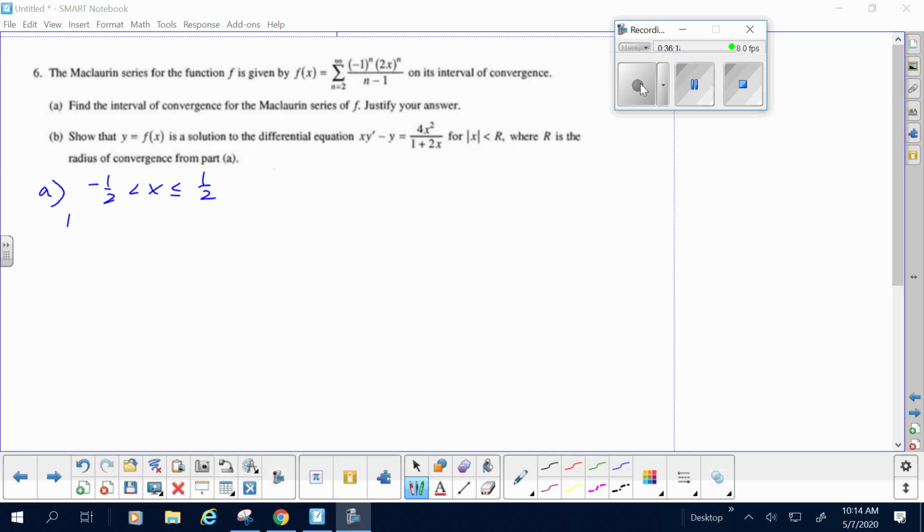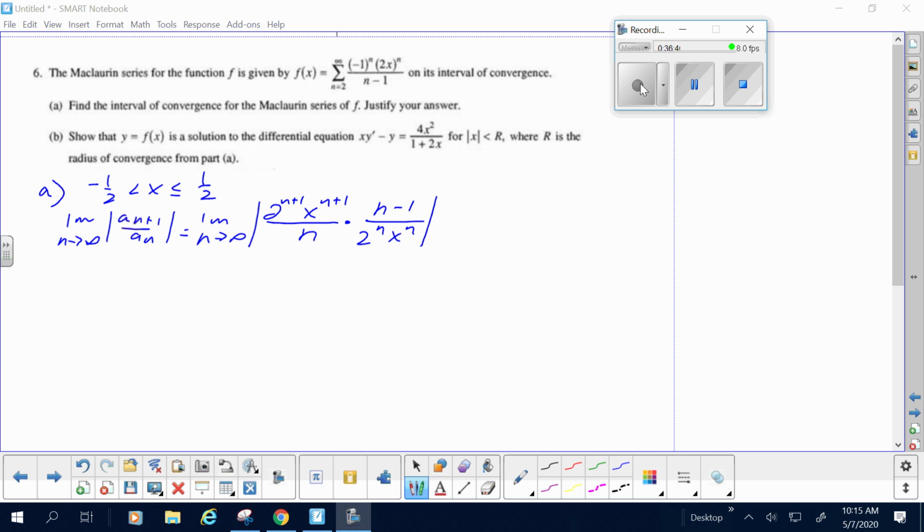You'd start with the ratio test. And that yields something like this. I'm going to ignore the negative 1 to the n plus 1 and go 2 to the n plus 1 and x to the n plus 1 separately over n plus 1 minus 1 times the reciprocal, 2 to the n, x to the n.